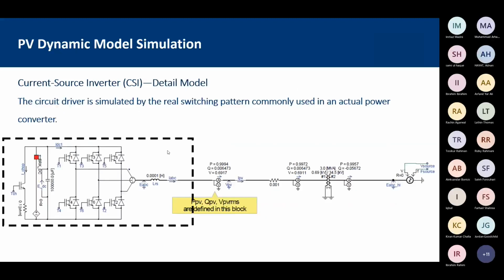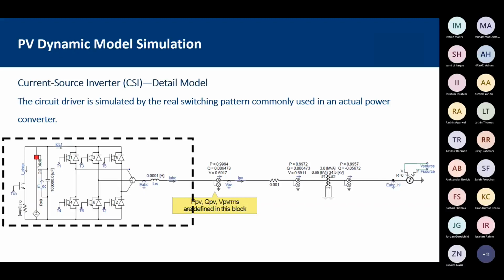So the detailed model, as I said, that was the average model. We have this detailed model. If you're going to build a detailed model of the converters, obviously it needs to have these switches. A three-phase converter has 6 IGBTs, and then you can use flywheel diodes. Like I said, it depends upon the manufacturers.